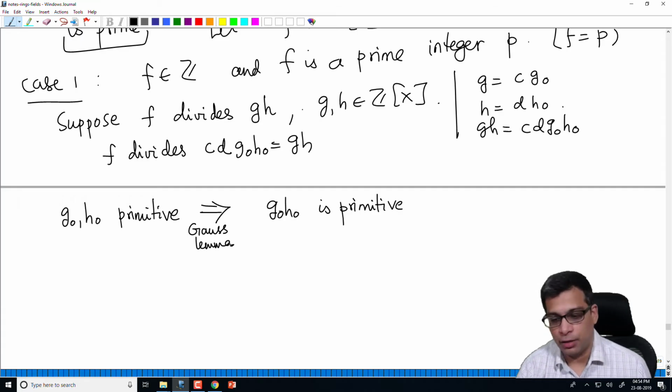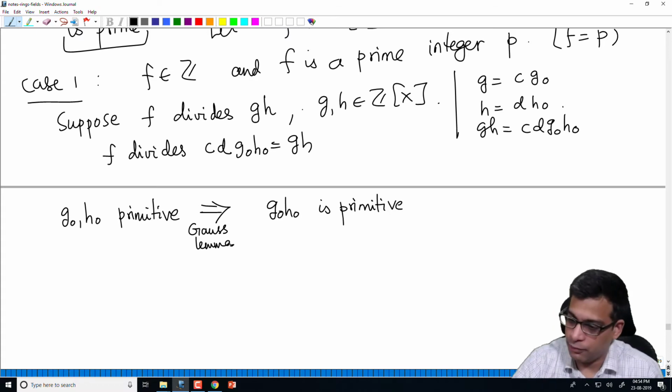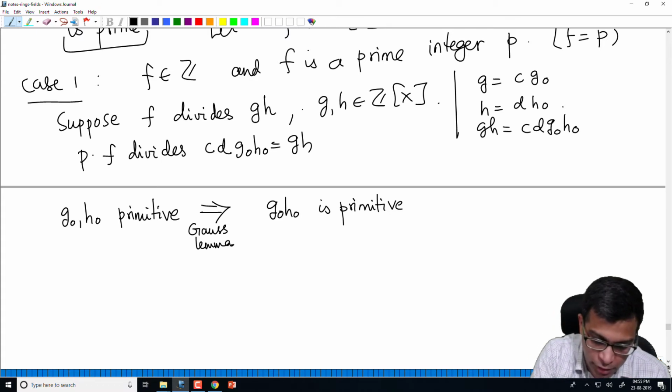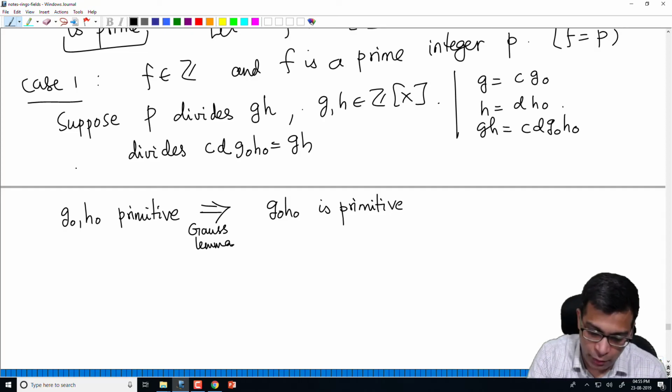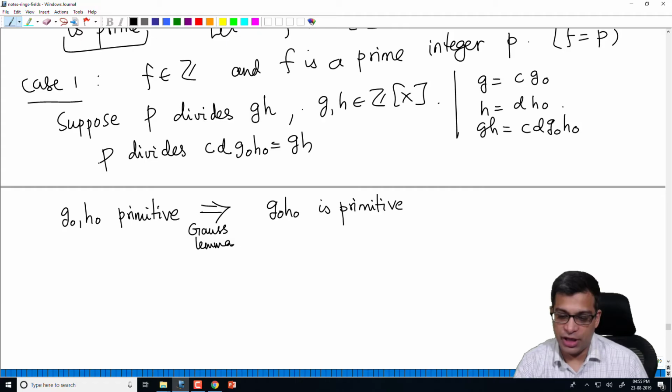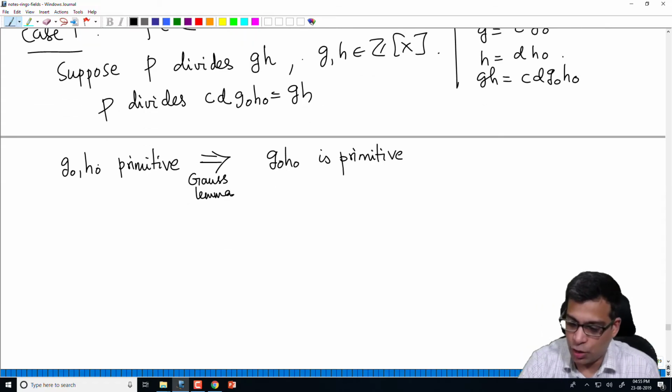What does that mean? What is a primitive polynomial? It means that the coefficients of g0 h0 have no common factor. By the way, I have called f equal to p, so I'm going to stick to that. So p divides gh. So p divides c d g0 h0. But g0 h0 is primitive.